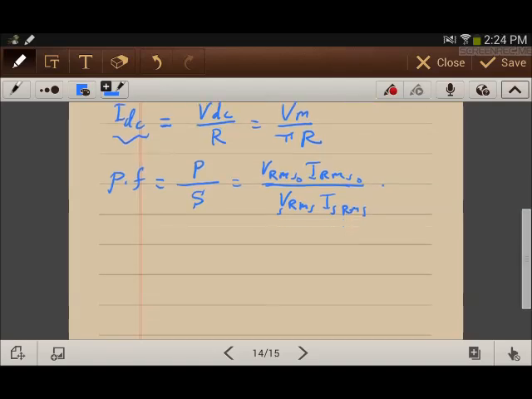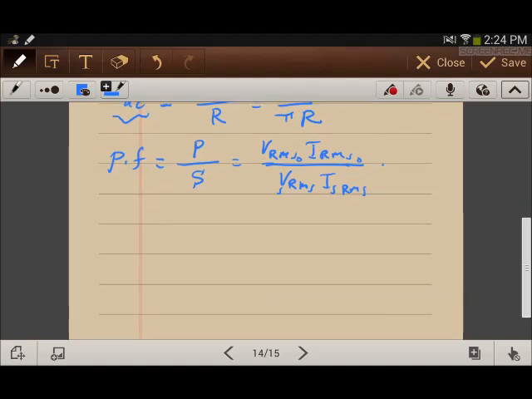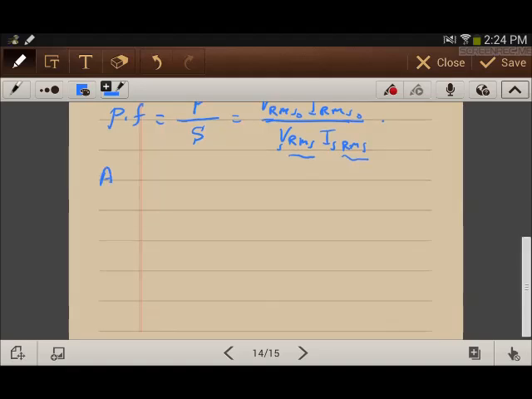And what are actually the meaning of RMS current and RMS voltage? So aside, I will explain what is the meaning of RMS. RMS stands for root mean square.